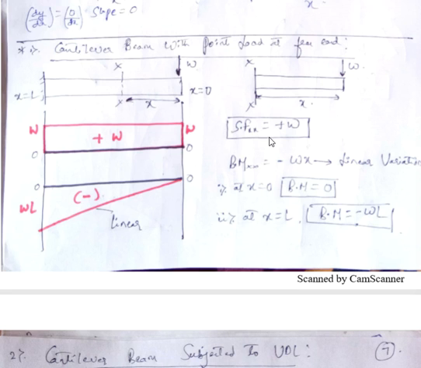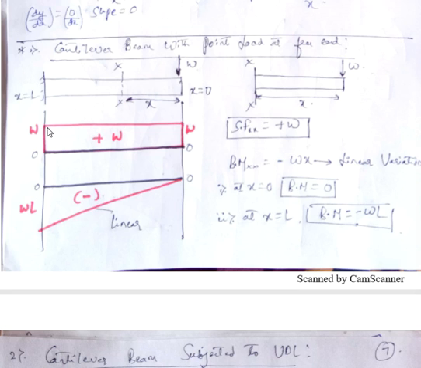Okay, so the value of shear force is W, and it is not going to change with respect to x. That means W is constant throughout the length. So from starting point x equal to 0, at this point shear force is W. So suddenly shear force is becoming W, and even if I change the value of x along the length, the value of shear force is constant.